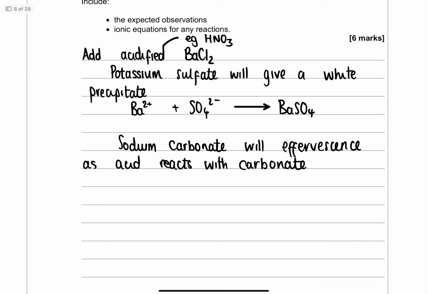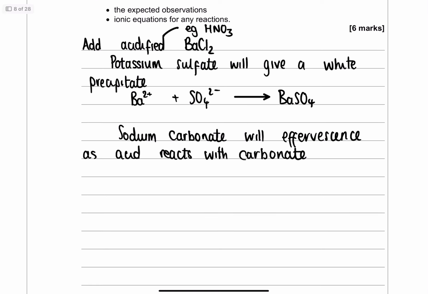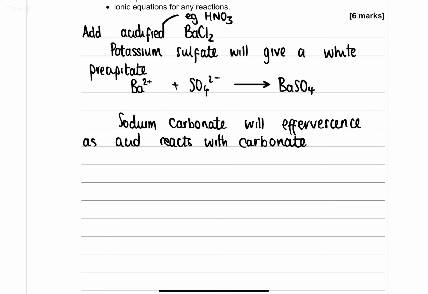Now, you might want to do this as a separate test, so like add nitric acid and see if you get effervescence, but this would effervesce at this point because the carbonate ions are going to react with the acid. Now, because acid is H plus and there's a 2 minus, we're going to need 2 H pluses. It's going to give us H2O and CO2.